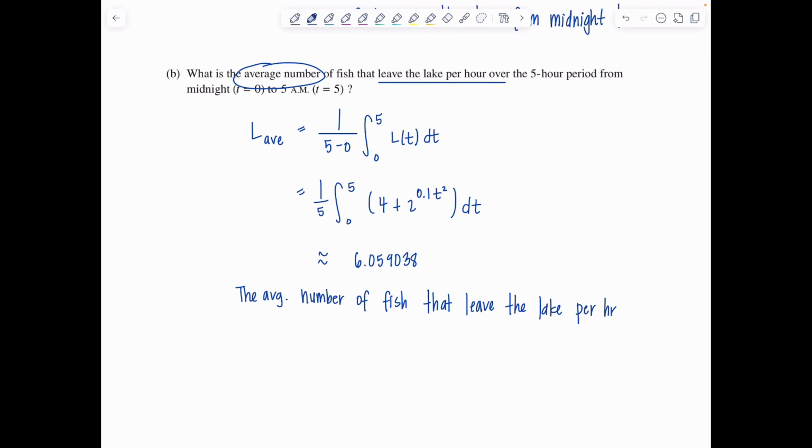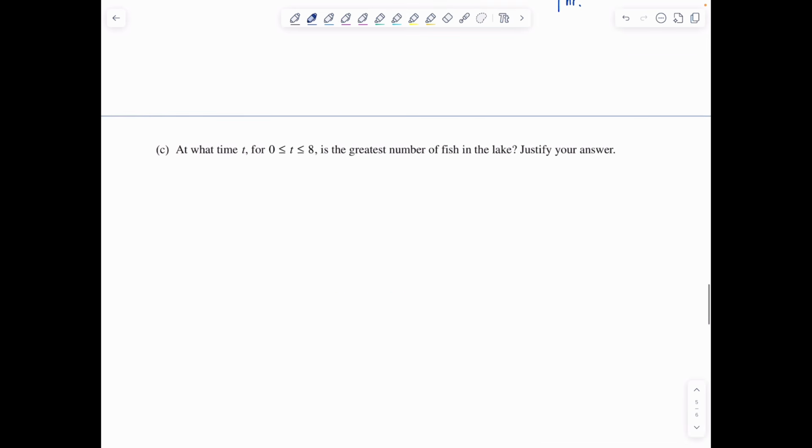So just summarize it nicely so you have guaranteed full credit. From midnight to 5 a.m. is, rounding to 3 decimal places, 6.059 fish per hour. Good? Okay, fabulous. Now this next part's going to get a little interesting.